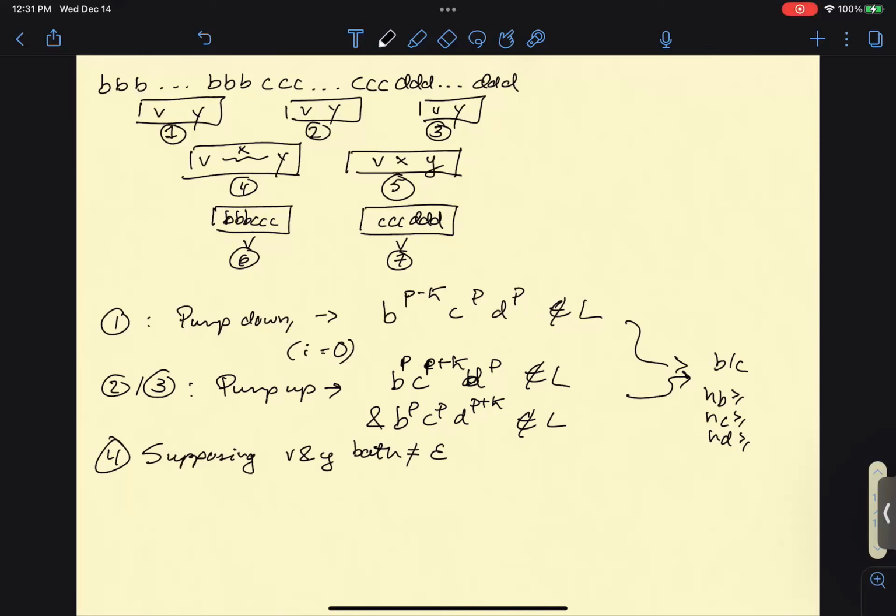No, because what if the length of V was exactly the same as the length of Y?